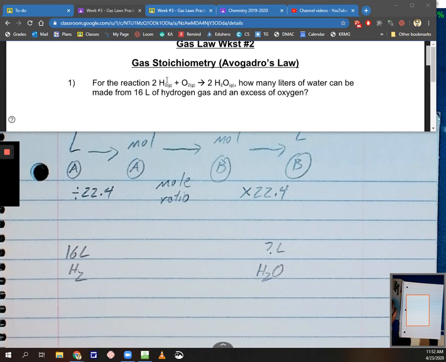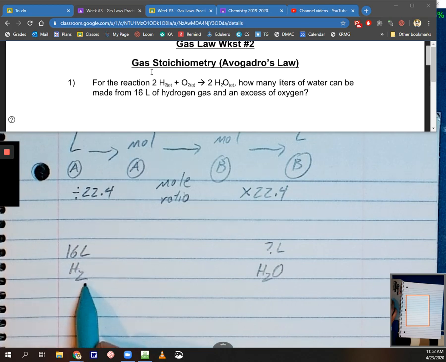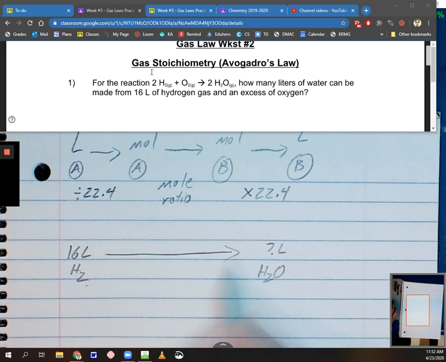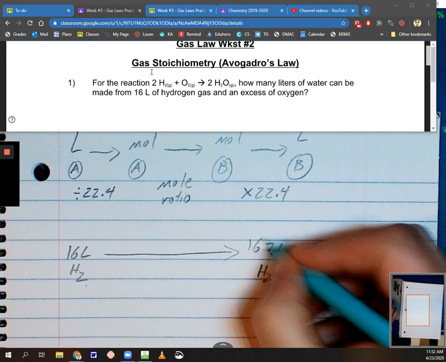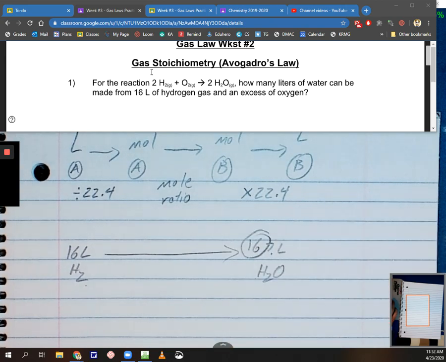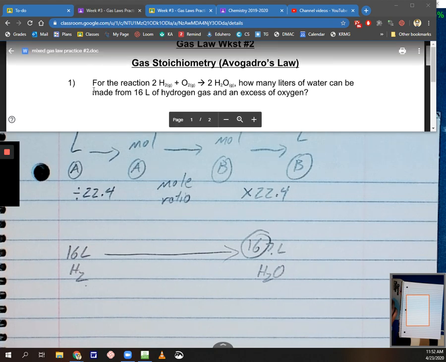So basically what this says is that every 2 moles of this is going to make 2 moles of this. In other words, the volumes are going to be equal. So if I have 16 liters of hydrogen, it is going to make 16 liters of water. Don't be angry. It's just that easy.